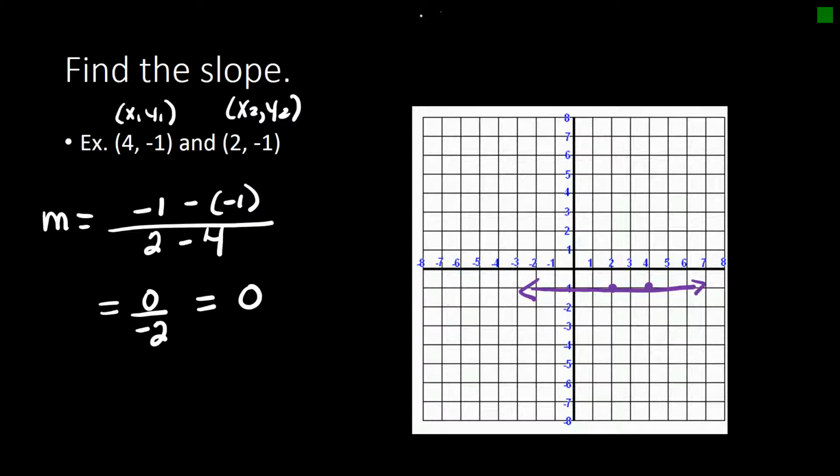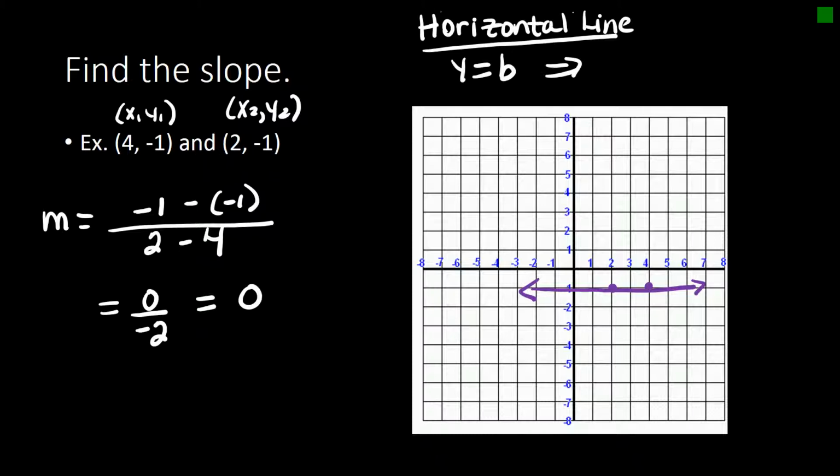A horizontal line has the form y equals b, where y equals the y coordinate of the point. So in this case, for this line, we have y equals negative 1. That is the equation of this line.